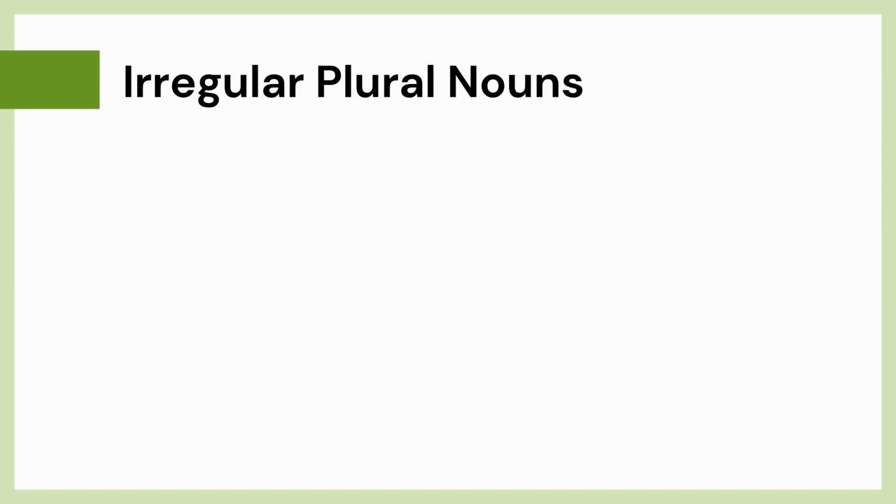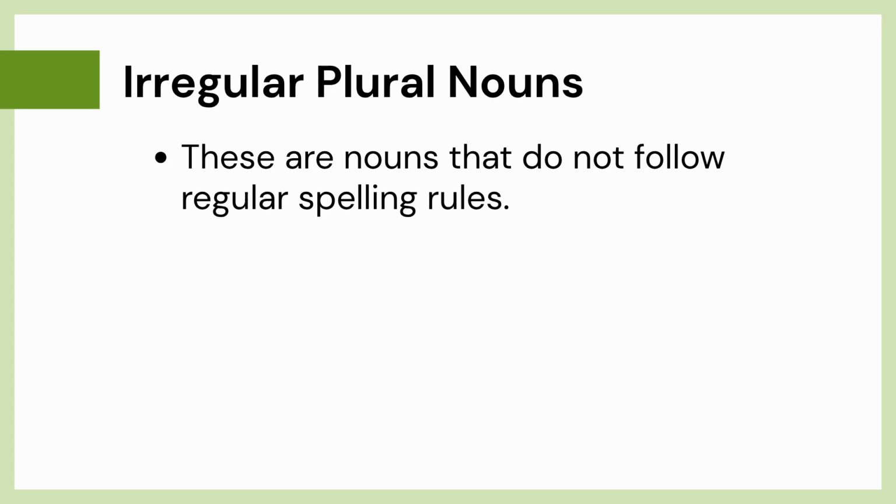Now that we're finished with regular plural nouns, let's look at the last type of plural nouns. We have irregular plural nouns. Irregular. These are the nouns that do not follow regular spelling rules.